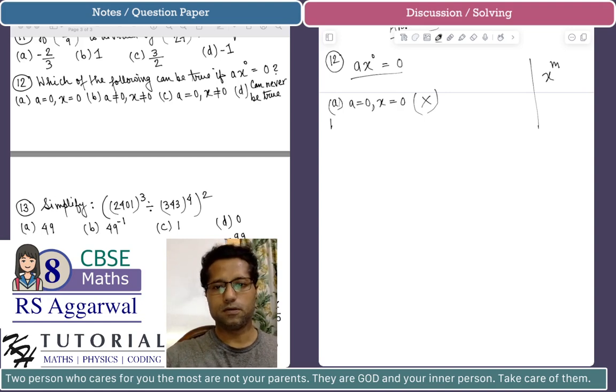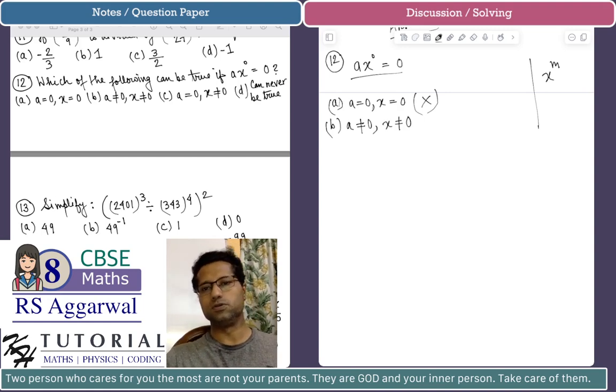Let's see choice B. Choice B is: a is not equal to 0 and x is not equal to 0. If x is not equal to 0, then definitely this thing will become a into 1 equals a.